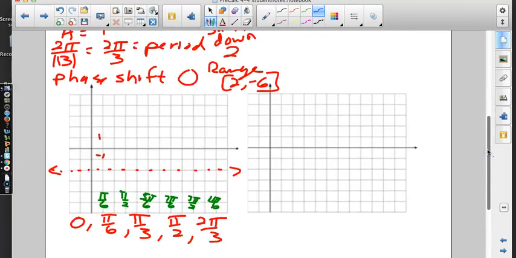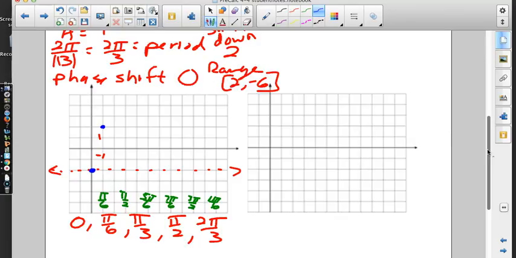So are we starting at the axis or are we starting high? Sine is axis. But now instead of thinking I've got to go all the way up to 4, think I've got to count 4 up from my next position, which was my pi over 6. So 1, 2, 3, 4.